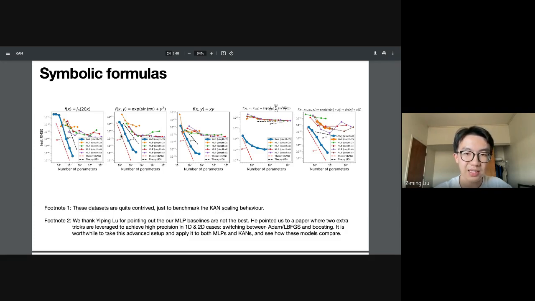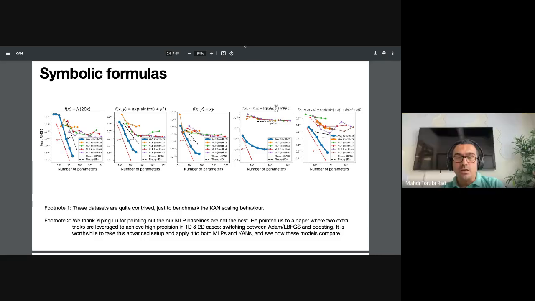And you can see that in almost all the cases, the scaling law is aligned with this theoretical prediction, except for the second to last one, where it goes to too high a dimension, 100 dimensions. But still, when we compare KANs with MLPs, KANs can achieve much better than MLPs, and MLPs suffer a lot from this curse of dimensionality.